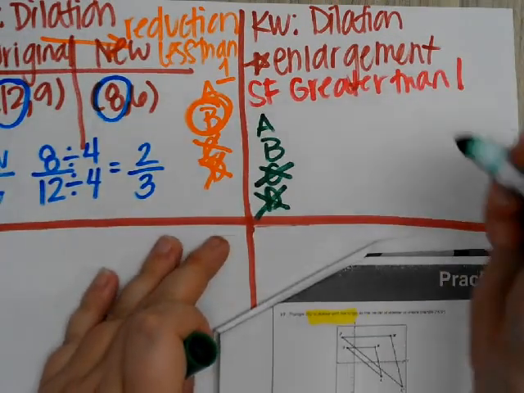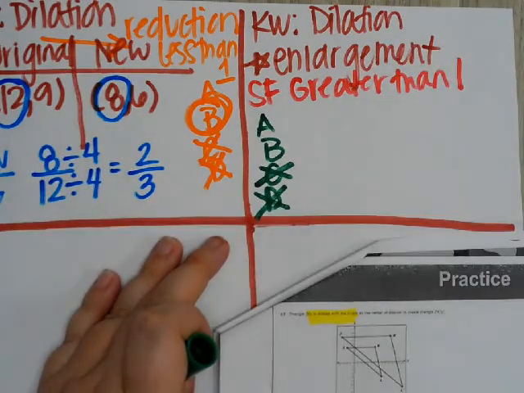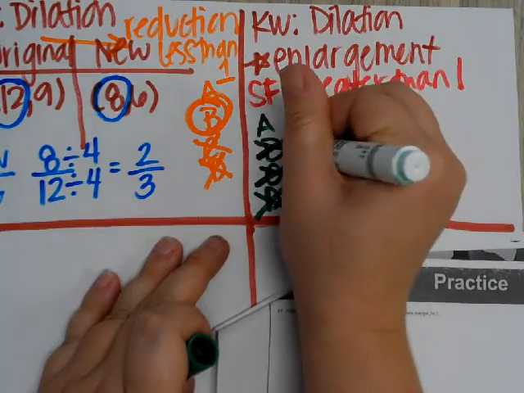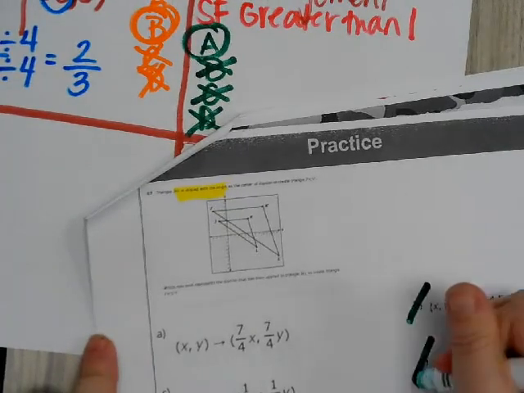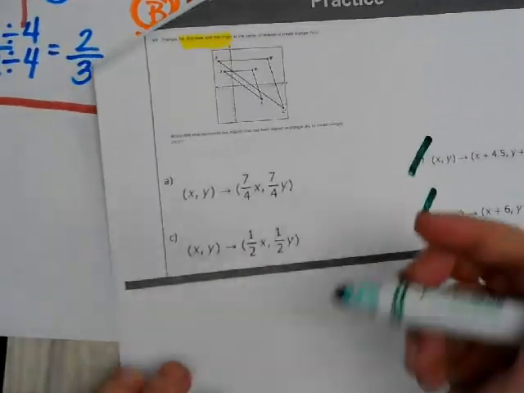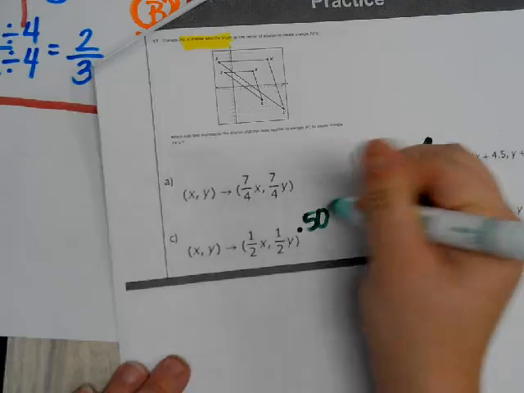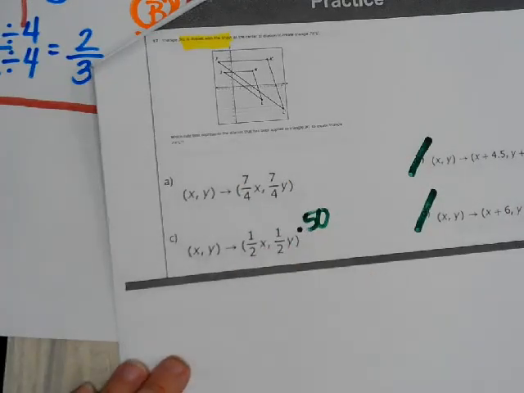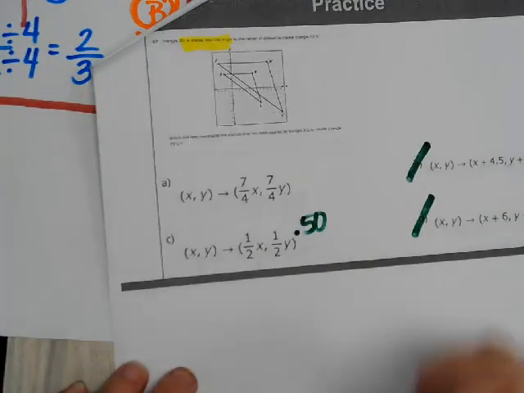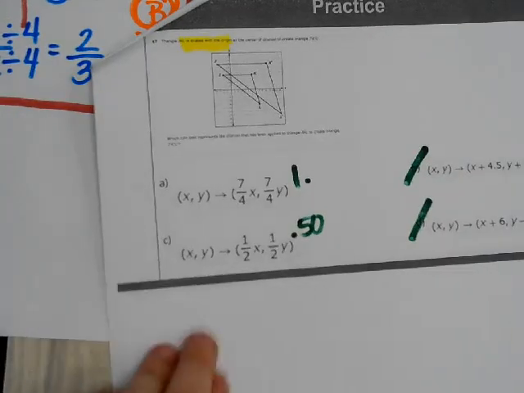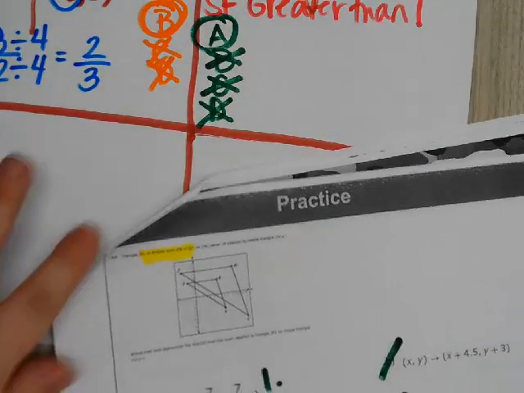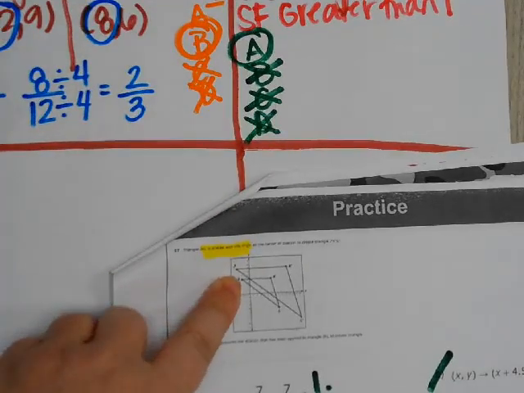So my answer should be A. I accidentally marked out the wrong ones, but it would be these two first. And so 1/2 is smaller than 1 because that's 0.50. And 7 over 4, that's going to be 1 point something. And so if you notice, I didn't even need to get an ordered pair. I could just look at my picture.